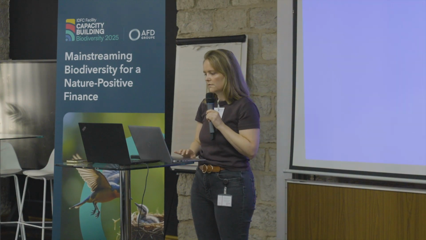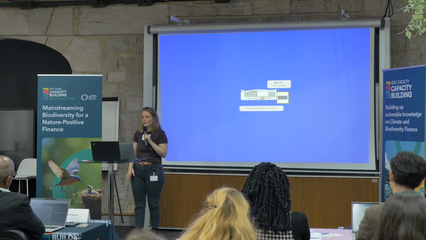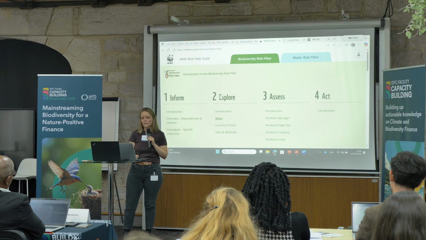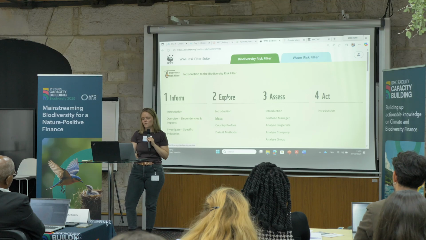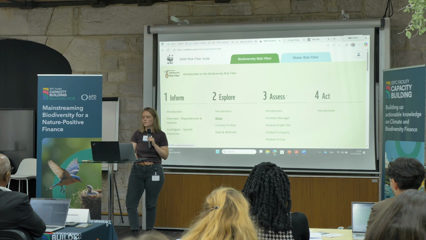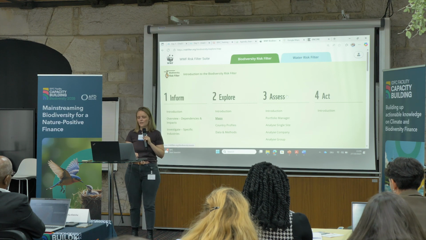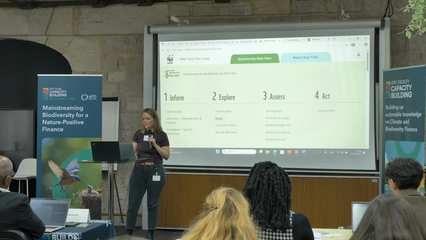And I will now show you how the WWF risk filter looks. Here you also have to log in. The Inform and the Explore module you can access without login, but for the Assess you need a login, but this is free and very easy. Just put in your data, you get an email, and then you have to confirm the link.